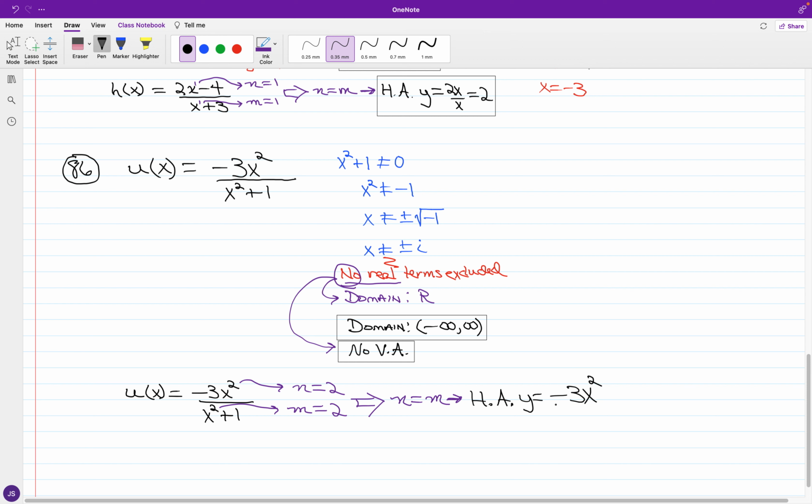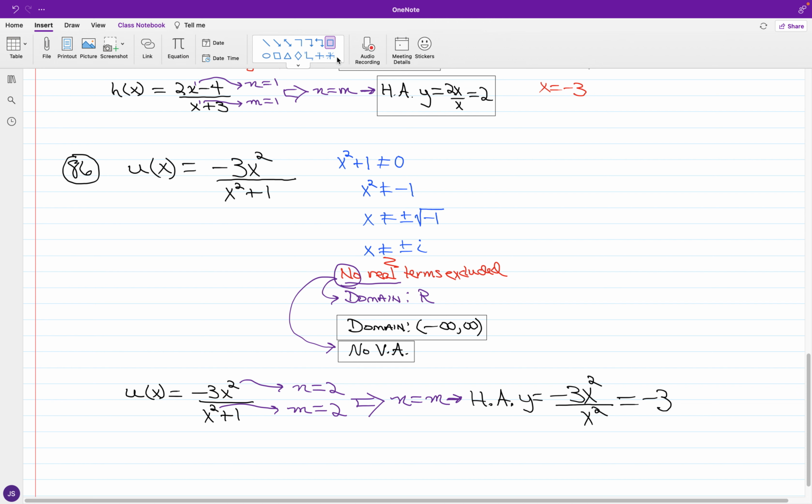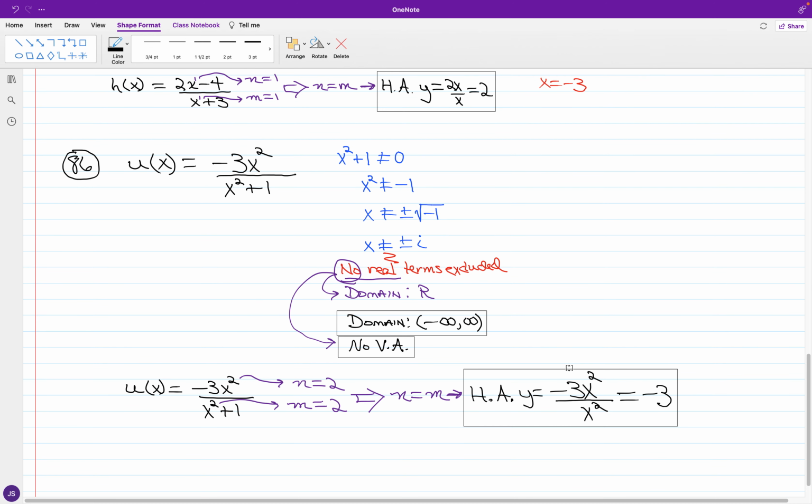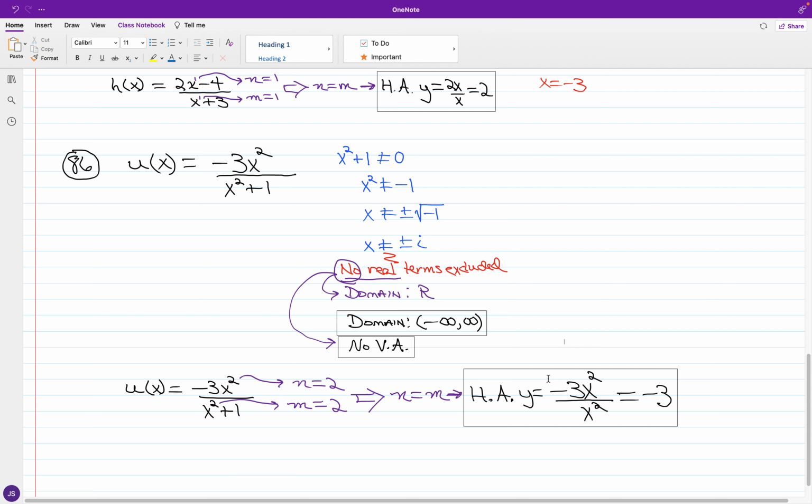So you have negative 3x squared from the top, and from the denominator x squared, and negative 3x squared divided by x squared will come out to negative 3. So for this rational function, there's going to be only one asymptote, and it's going to run horizontally in the form of y is equal to negative 3.